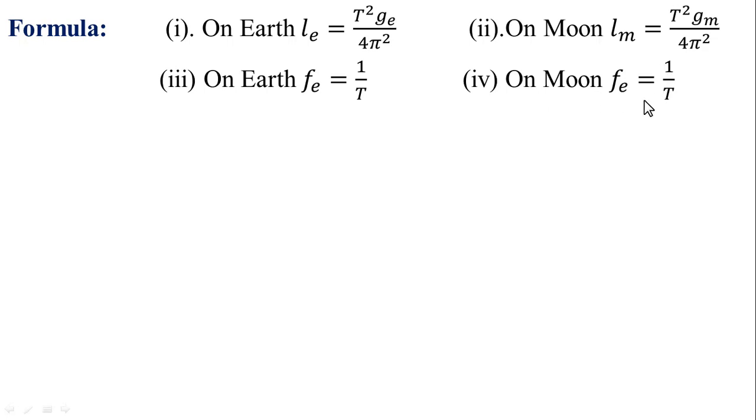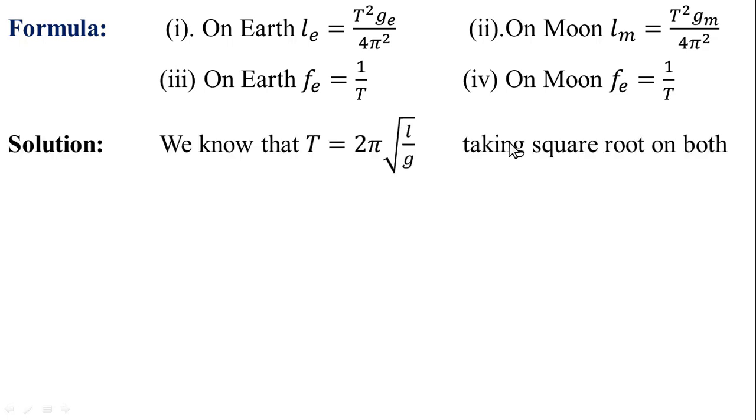and frequency on the Moon, f_M, is equal to 1 upon T. Now for the solution, we know that the time period of a simple pendulum T is equal to 2 pi square root of L over g. Taking the square on both sides, we have T square is equal to 4 pi square L over g. This implies that L is equal to T square g upon 4 pi square.